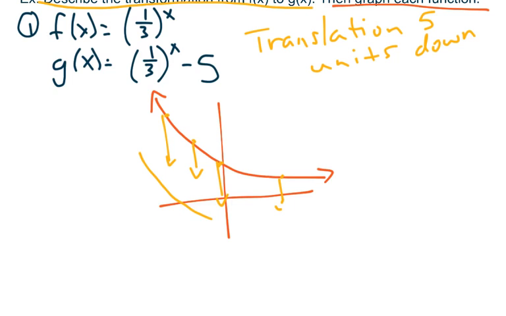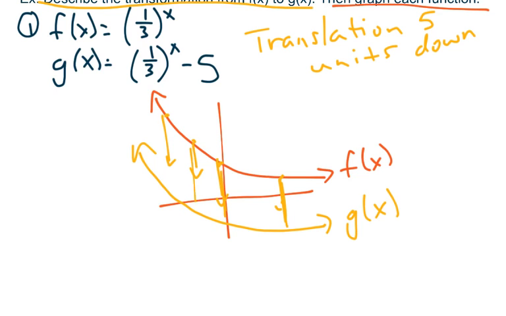So now my new picture would look something like that. The red one would be f of x, the yellow one would be g of x. All of these points from here to here are all 5 units apart. It's just 5 units down. So there's example number 1.